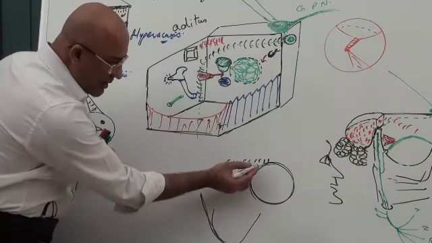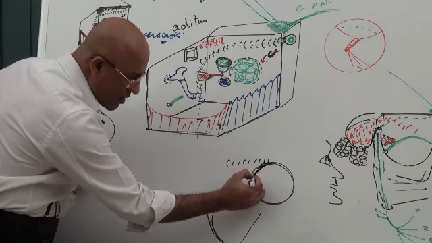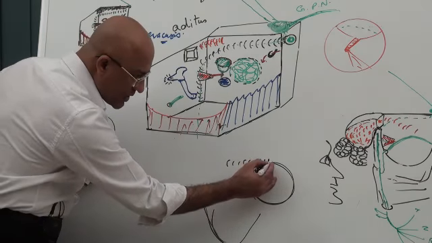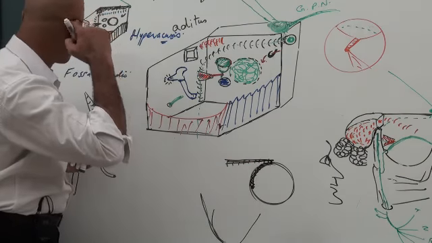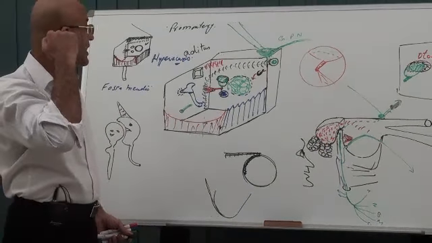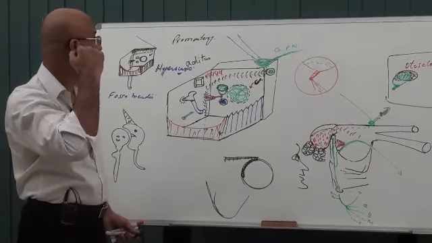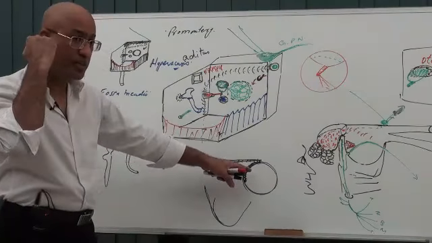Now, this is the external acoustic meatus. Which wall? This wall, the posterior wall. And what is this? The supramastoid crest on the surface. Now I'm talking about surface anatomy. Here is the supramastoid crest, and here is the posterior edge of the external acoustic meatus.